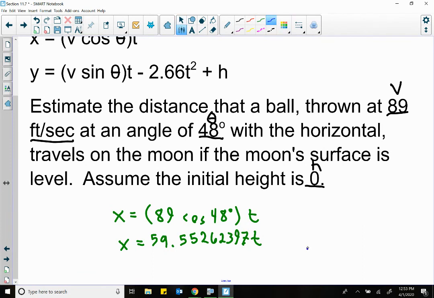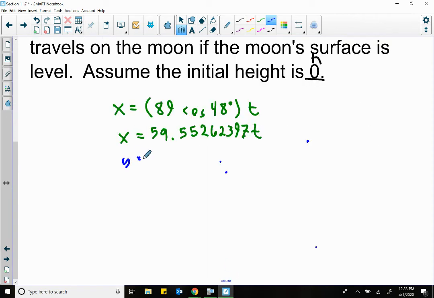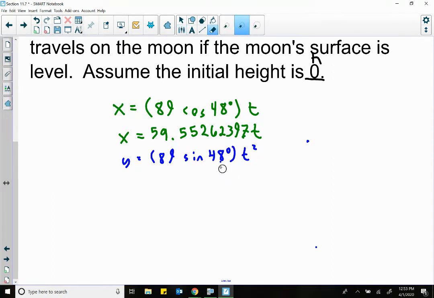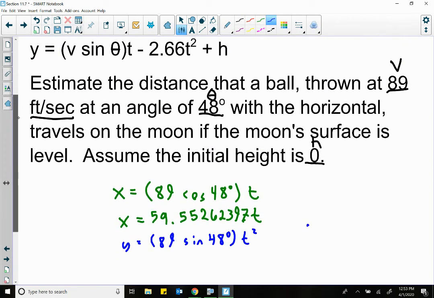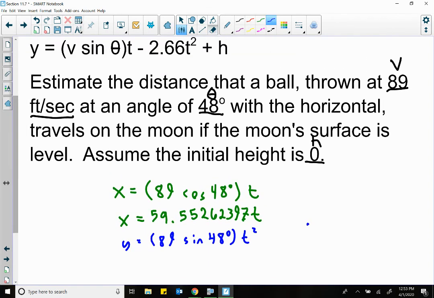All right, so for the y, we've got y equals 89 sine 48 degrees t, not t squared, minus 2.66 t squared.